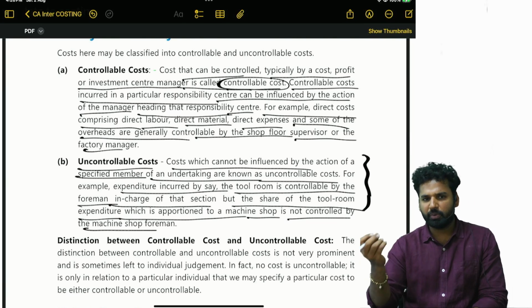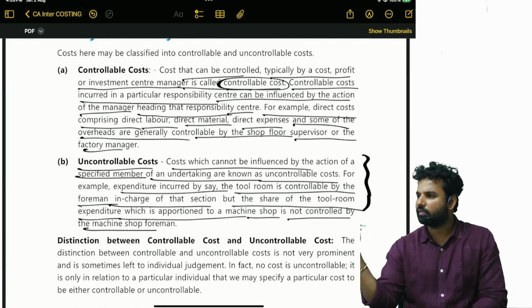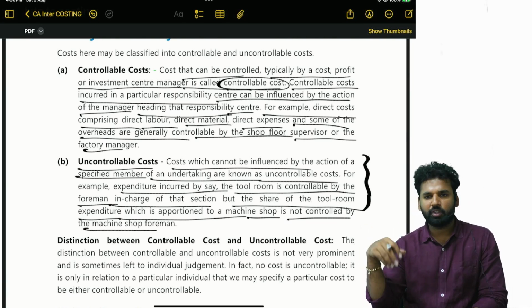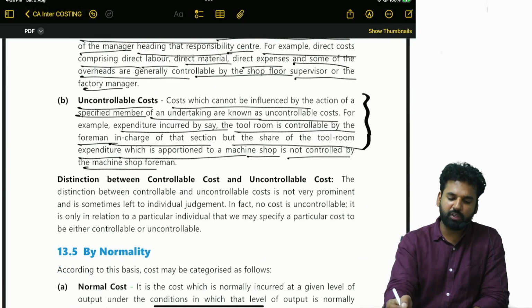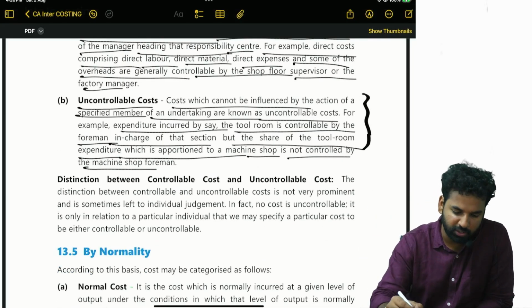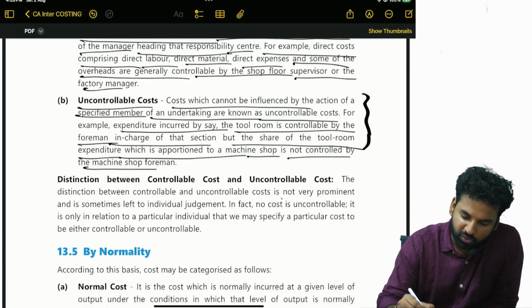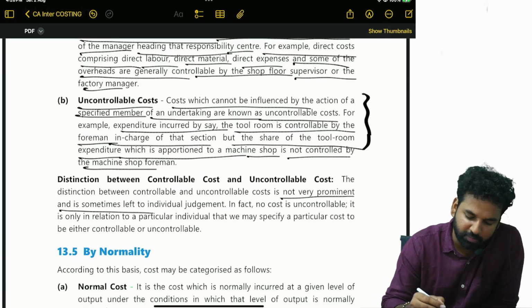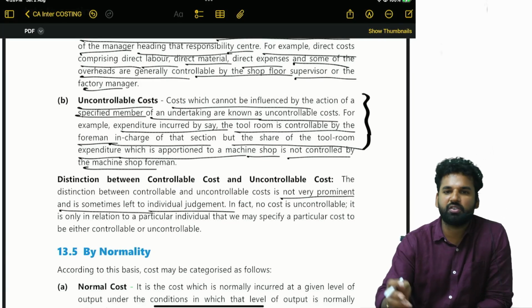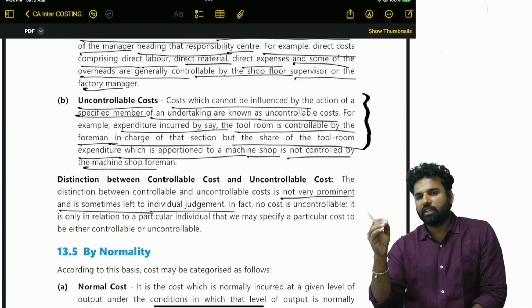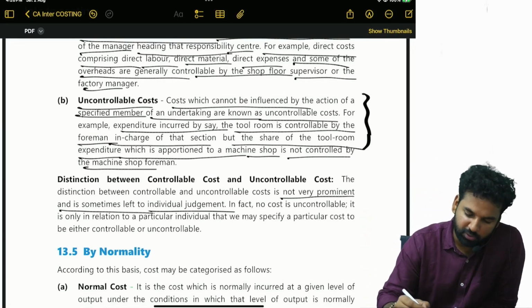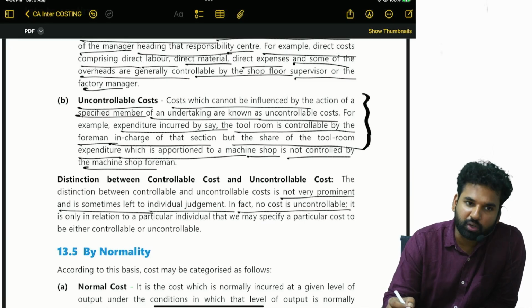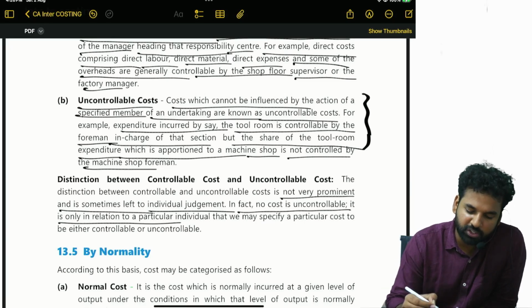So a simple example: the production manager cannot control the salary of the finance manager or the accountant. So that is an uncontrollable cost. The distinction between controllable cost and uncontrollable cost is not very prominent, and it is sometimes left to individual judgment whether it is controllable or uncontrollable. A thin line of difference will be there. In fact, no cost is uncontrollable; it is only in relation to a particular individual.